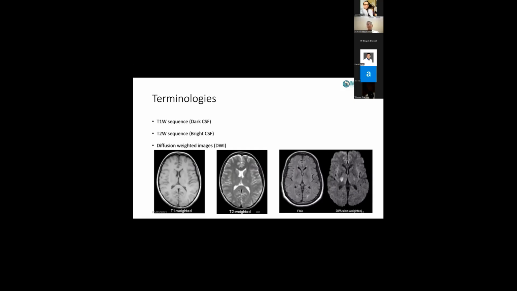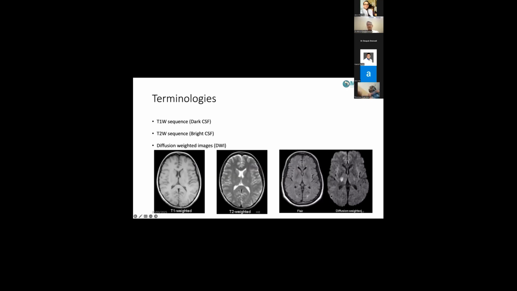So that's the T2 weighted sequence. The way I used to remember it as a medical student is World War II. In World War II, WW2, the water is white. So any fluid in T2, water is white. So any fluid will be white in color. So if you see white fluid, then you know it's a T2W sequence.